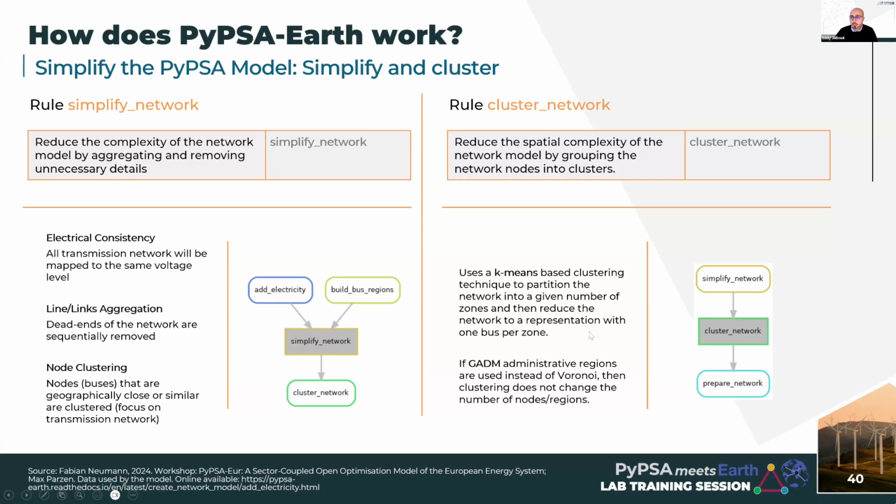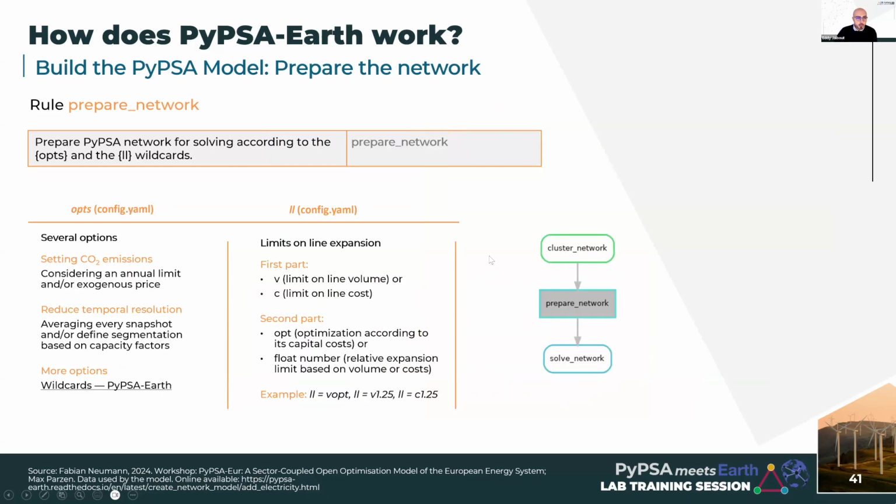As I said, this can also be set by the user, who may want their own or GADM administrative regions. Then the clustering will reduce the network according to those regions and will not do the Voronoi. So now the rule prepare network, and this is where we prepare the network for solving.